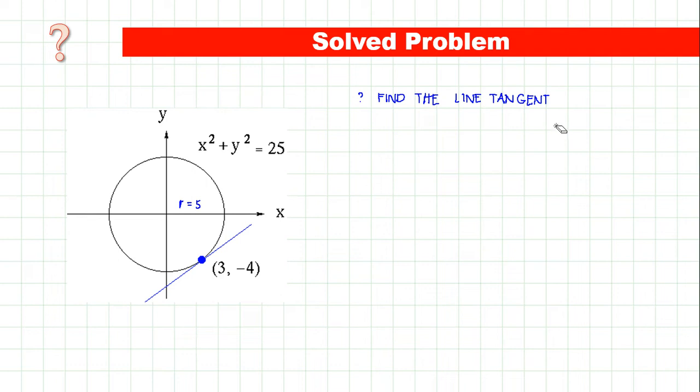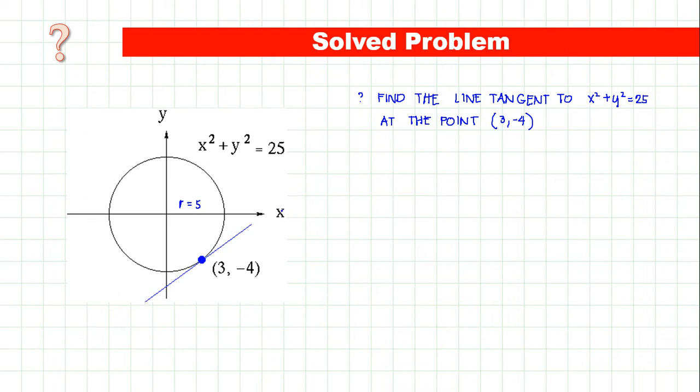We would like to find the line tangent to that equation, at the point 3 and negative 4. So we are to find the line tangent to this circle at this point. So here, we have drawn it. That line is what we are looking for.